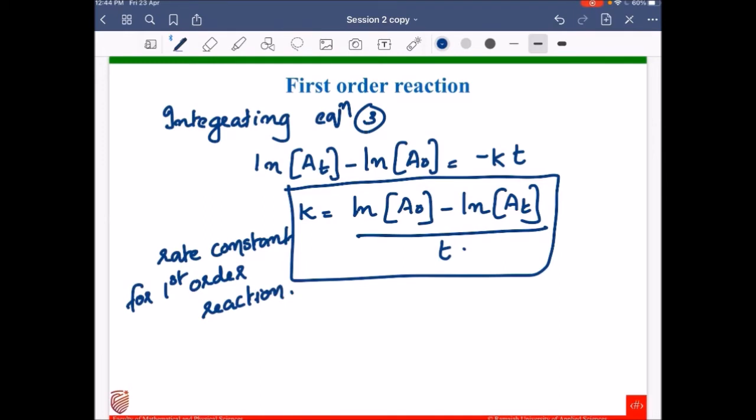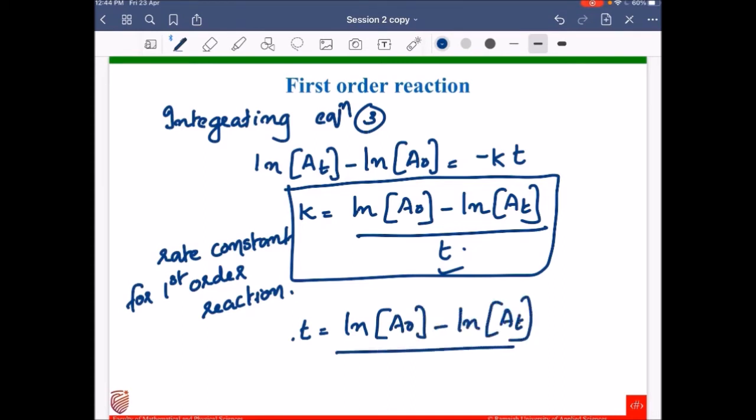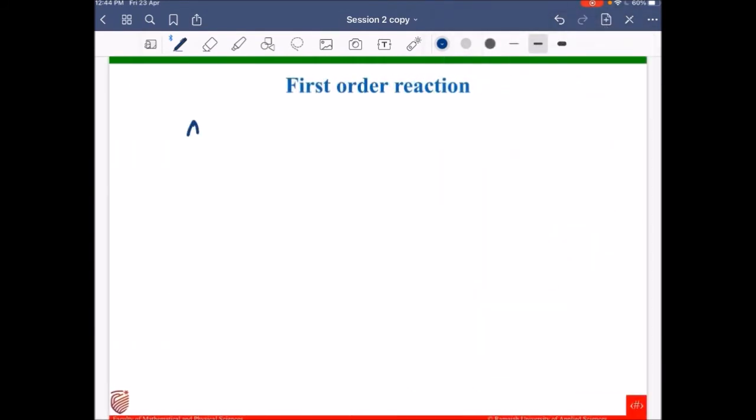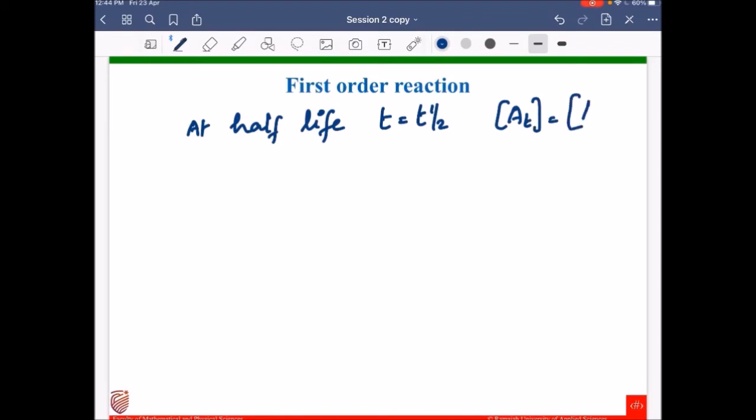Now if I need an equation for half-life, I can rearrange this equation for t. I can write t equal to ln A0 minus ln At by k. So at half-life, t will become t half, and the concentration of A will become the initial concentration divided by 2.